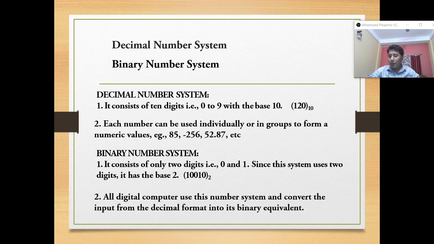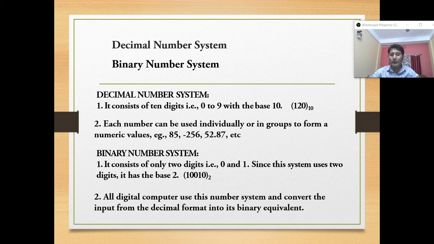All digital computers use this number system and convert the input from decimal format into its binary equivalent. Why should we use binary numbers? Because we all know that the computer cannot understand human language. It does not understand English alphabets, mathematical numbers, or any kind of symbol.